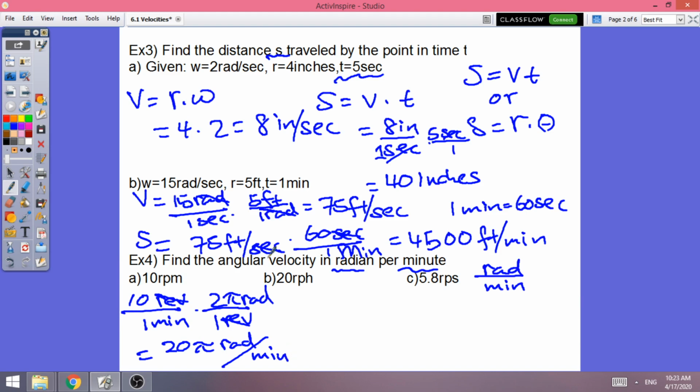And also we do have 20 revolutions per hour. So this time we need to convert the unit. So 20 rev over 1 hour. Now gotta be careful with the time unit here. We need to convert that hour to minutes. We know that 1 hour equals 60 minutes.